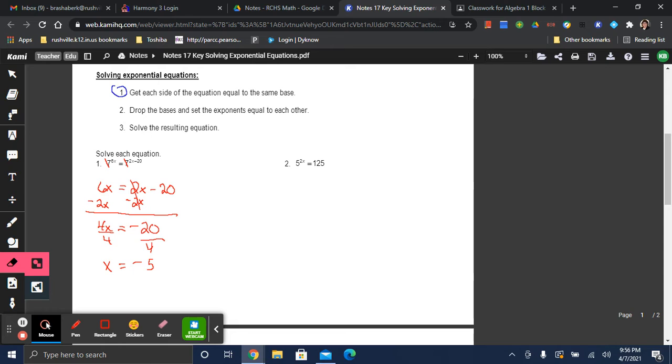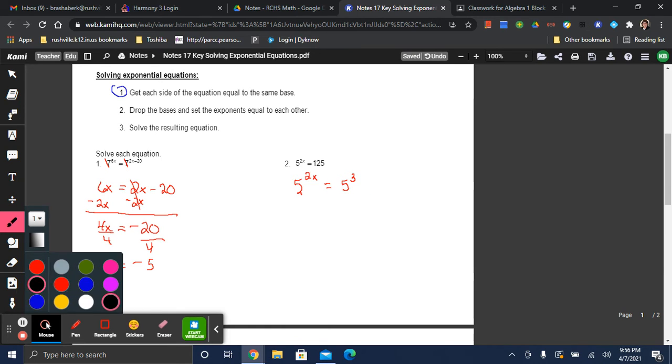So as I switch back to this, I'll have 5 to the 2x power equals 5 to the 3rd power. And now my bases are the same.